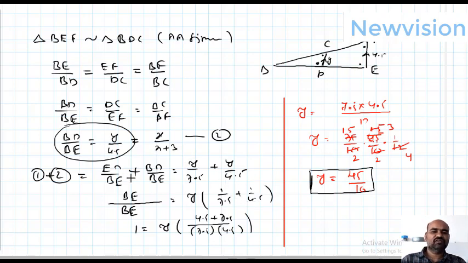X also you want to find. So I am taking the second equation, these two are the same. Y by 4.5 should be equal to X by X plus 3. Now I want to cross multiply.